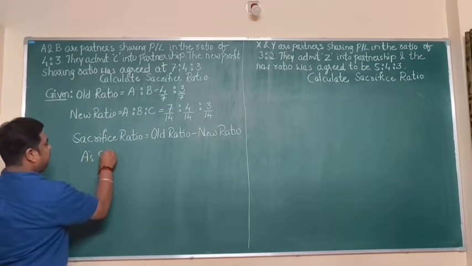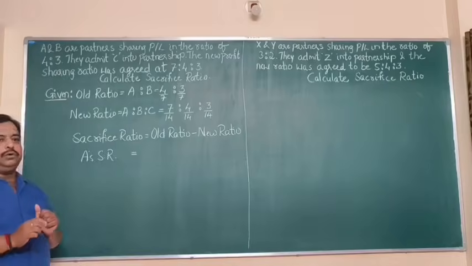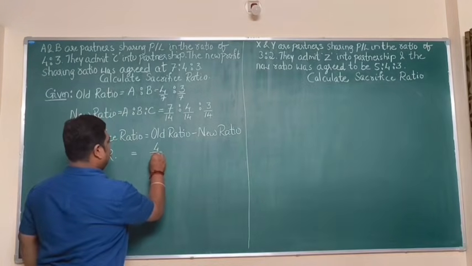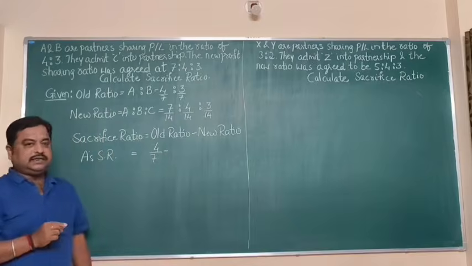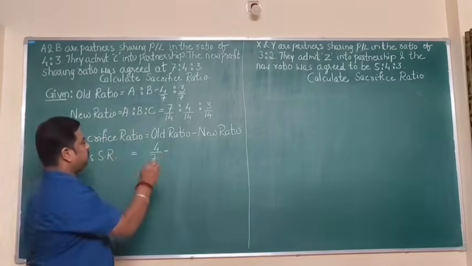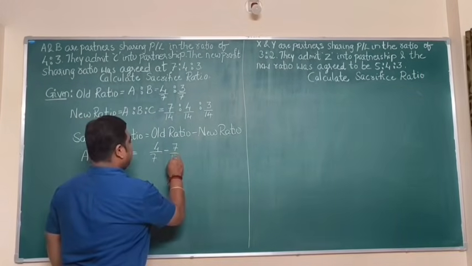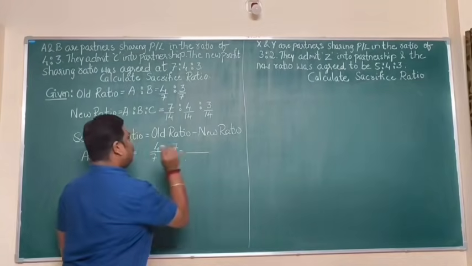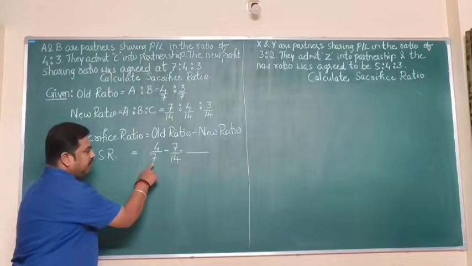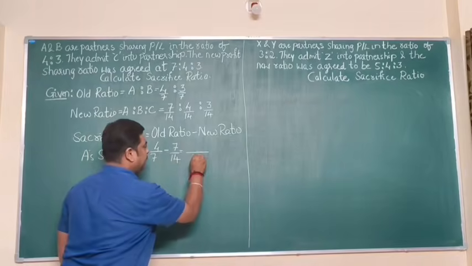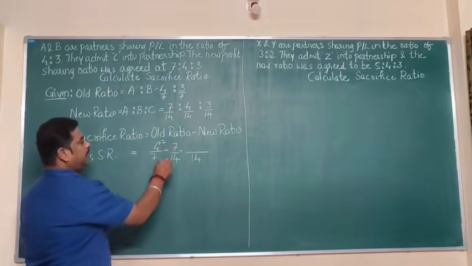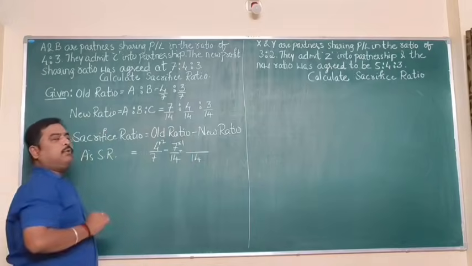A's sacrifice ratio is equal to, what is A's old ratio? 4/7 minus, what is A's new ratio? It is 7/14. Now here we have to take the common LCM. For 7 and 14, the common LCM will be 14. 7 2s are 14, 14 1s are 14.